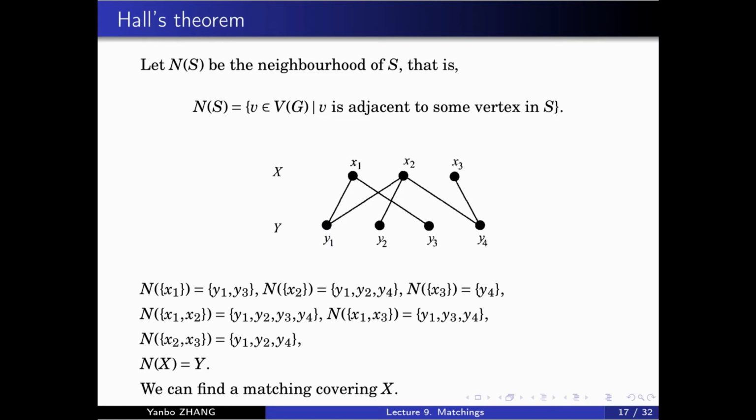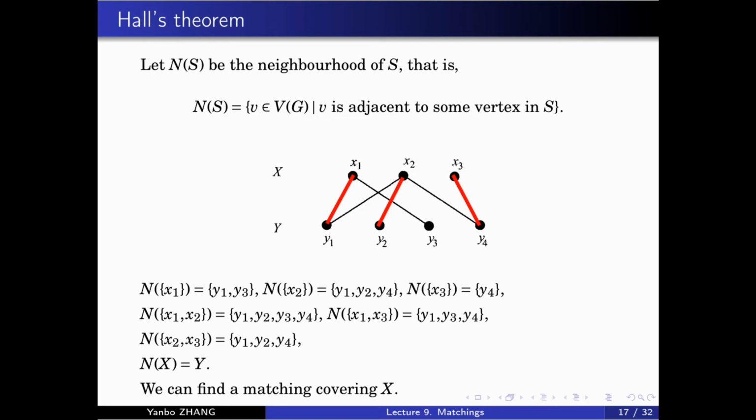Now we have a bipartite graph. Can we find a matching covering X? The answer is we can. Here is a matching covering X. But if this bipartite graph has many vertices and many edges, it is difficult to find a matching covering X directly. Then we can use Hall's theorem.